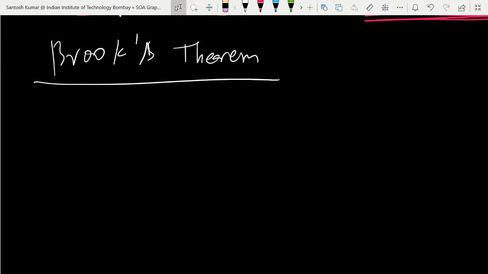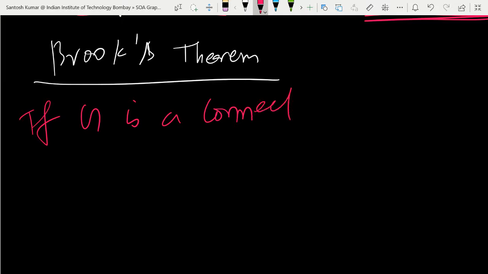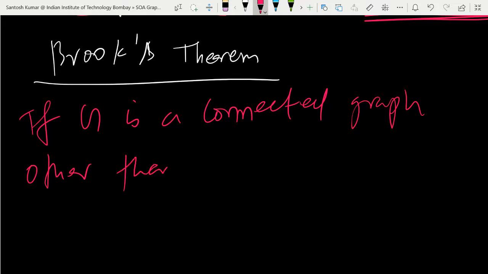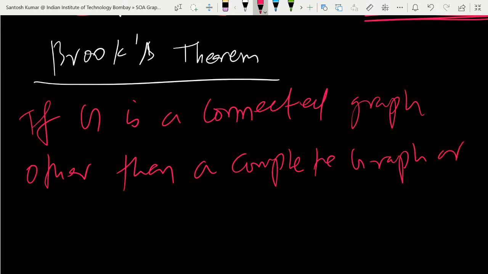So it says, suppose G is a connected graph other than a complete graph or odd cycles.